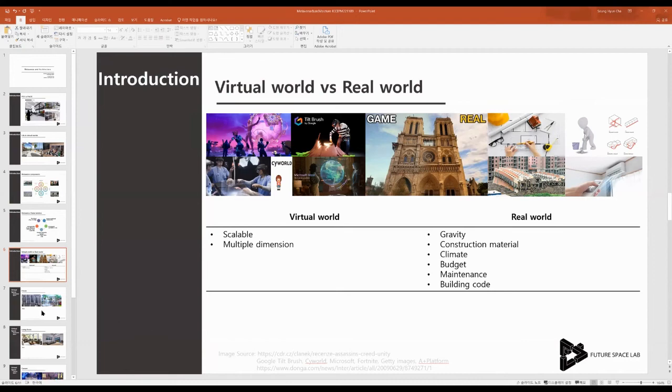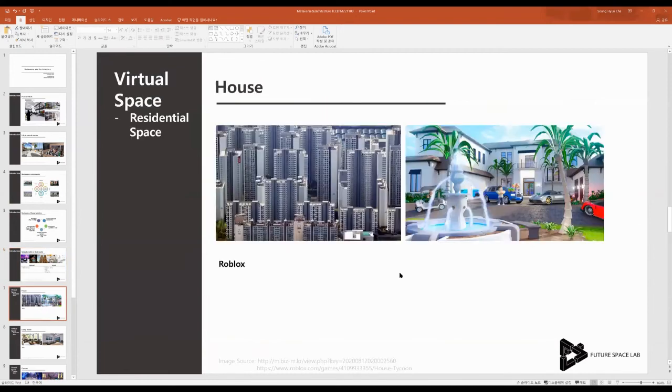So I want to show some examples. On the left-hand side is a traditional apartment, and on the right-hand side is a house in Roblox, one of the metaverse platforms. As you can see, even in Roblox, it doesn't look different from a house in the physical world, right? From the figure on the right-hand side, I can see two things. One is that it looks very similar to a real building.